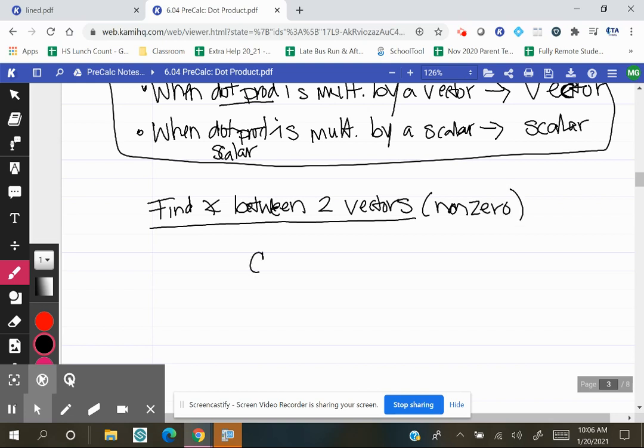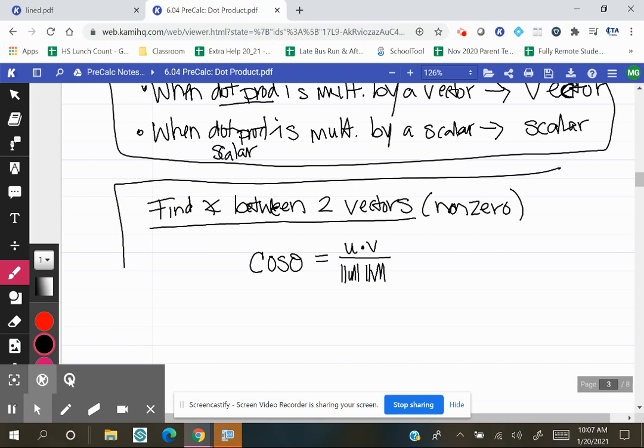We're going to use the formula cosine theta. For our direction angle it was tan theta equals b over a. The angle between two vectors is cosine theta equals the dot product of the two vectors over the product of their magnitudes.